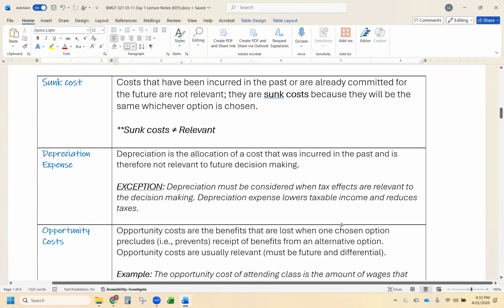All right, sunk costs. Sunk costs happened in the past. Sunk costs are not relevant because they already happened in the past. That's what a sunk cost is. It's a cost that already happened in the past.